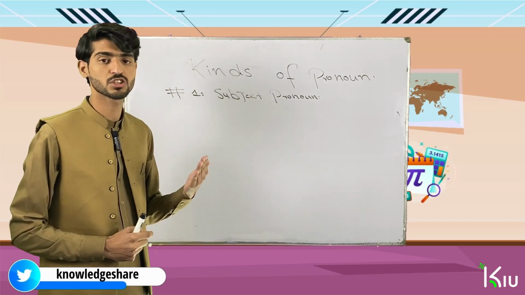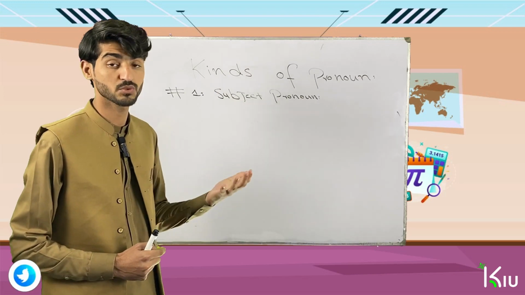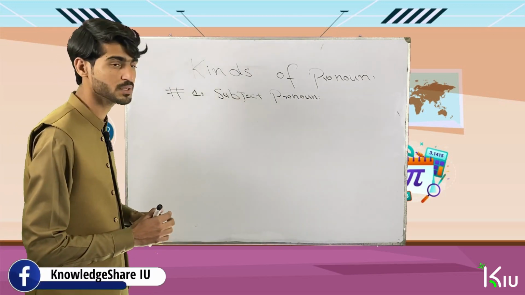Okay, so now let's get ahead with the kinds of pronoun. As we said the definition of pronoun, what is pronoun? Now we are going to talk about kinds of pronoun, that how many kinds we have in pronouns. So on number first, we have subject pronoun. What is subject pronoun?